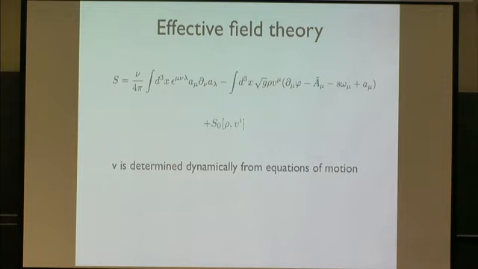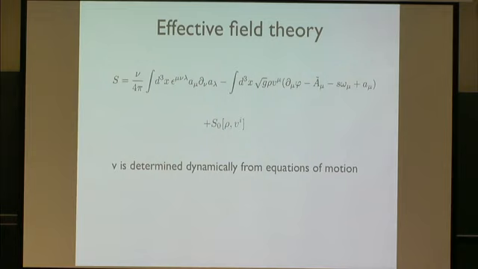So A mu tilde is the improved gauge potential. This omega mu, I didn't talk about, but it is the spin connection of the Newton-Cartan space. So all these terms are universal, and there is some part of the action that cannot be fixed by the symmetry. That part we will talk about later.